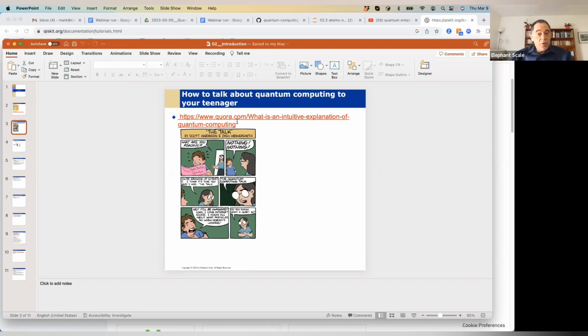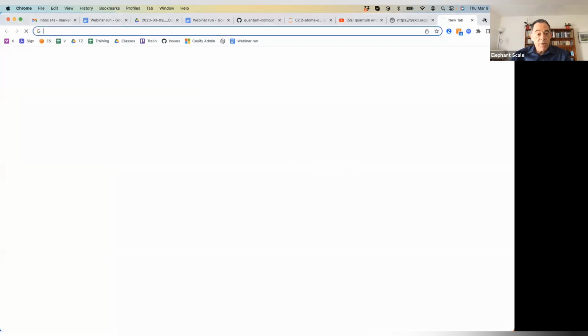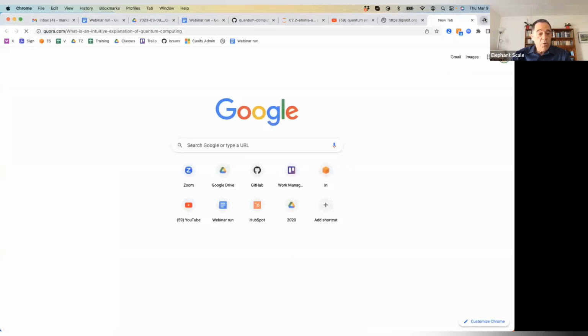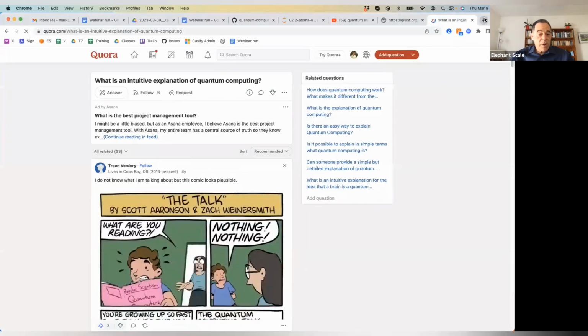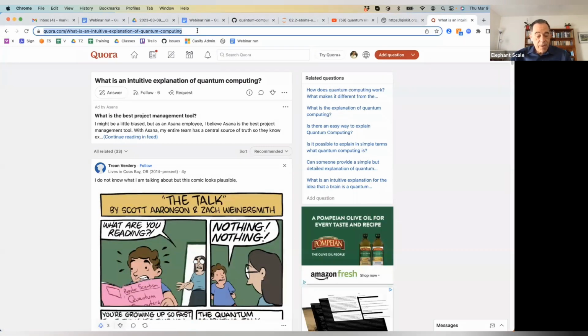So gradually, after you learn a bit more, you will finally get your own intuitive explanation of quantum computing. But judging by this, there was none, because they keep going with this. And in fact, every now and then there is a new entry and a new attempt to do this. So I think what I should do is really give you that link, which puts it all in perspective.